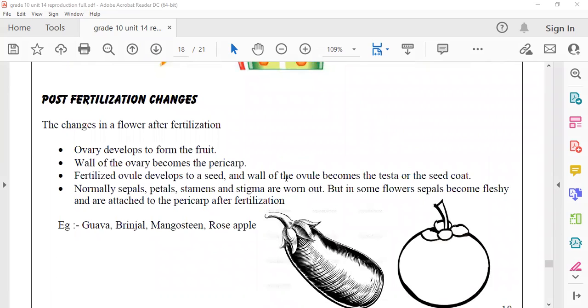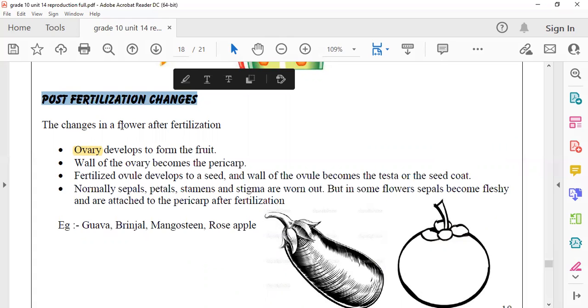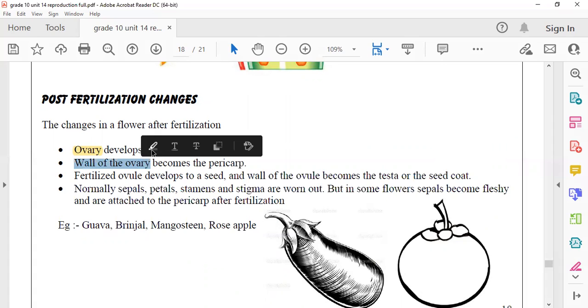After fertilization, what are the changes happening? Post fertilization means after fertilization. The ovary is becoming the fruit. Whole of the ovary is becoming pericarp. Okay, in a mango, the portion you are eating is called pericarp.